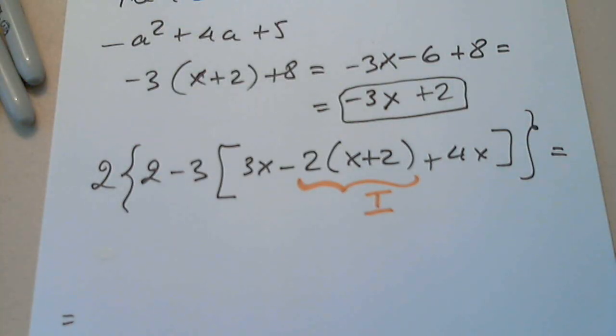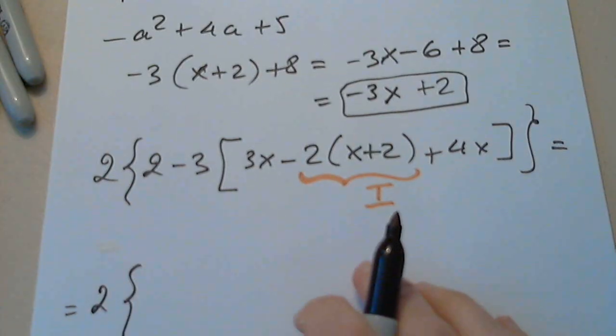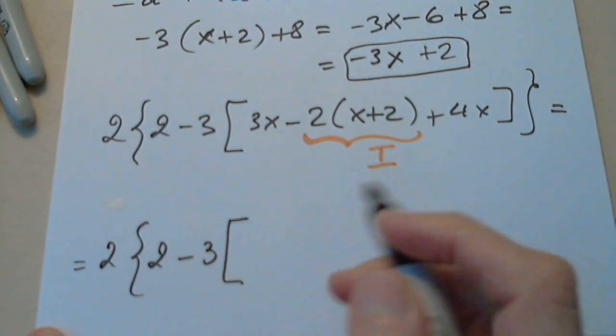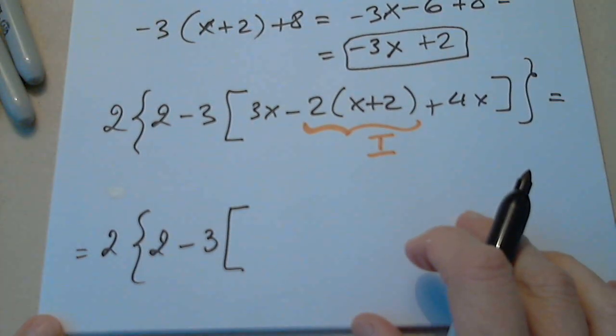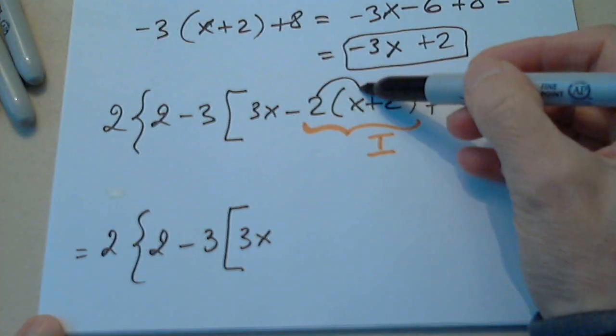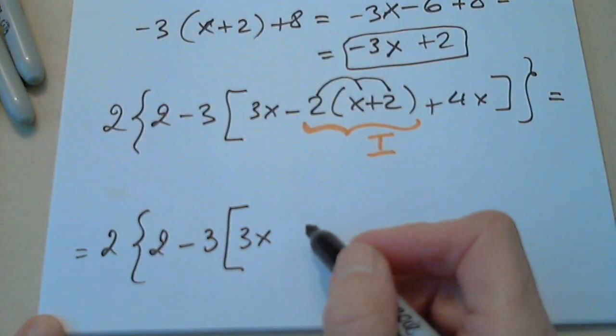Okay, perfect. So then we have 2. We copy braces. We copy 2. We copy negative 3. We copy the bracket. We cannot change anything. We copy 3x. Can anyone distribute negative 2 to these two terms and tell us what to write? Anybody other than Sarah and Matt and Glenn, please. 2x plus 4. Thank you. Say it again.